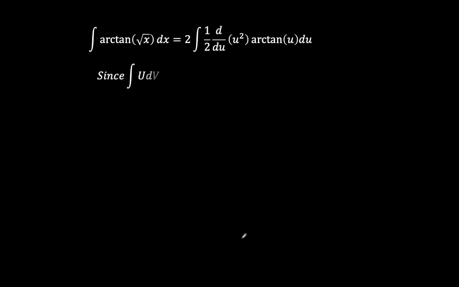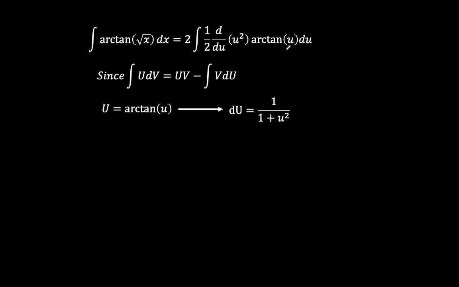And therefore, if now we set capital U to be arctangent of u, then therefore dU is the derivative of arctangent of u, which is 1 over 1 plus u squared. And if dV is the derivative of u squared, then it means that V is u squared.